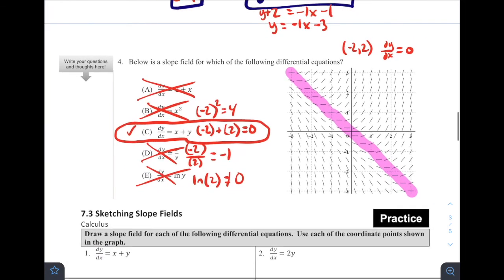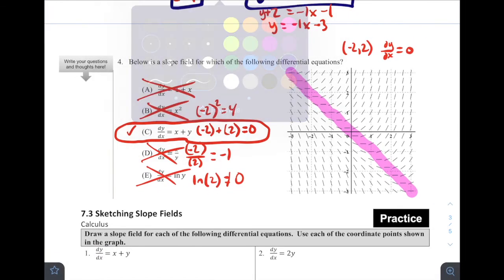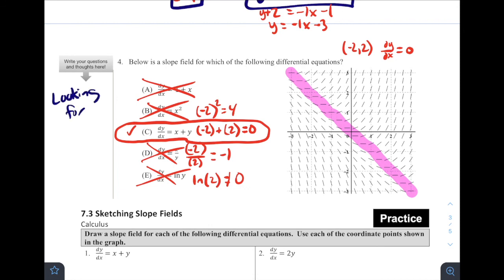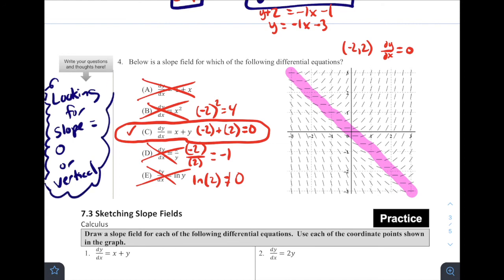In fact, I'm going to mention that here on the side. I am looking on that graph for places where the slope is equal to 0 or it's vertical. That would be places where the slope is undefined or approaching infinity. That's a really useful thing as you're identifying these slopes.